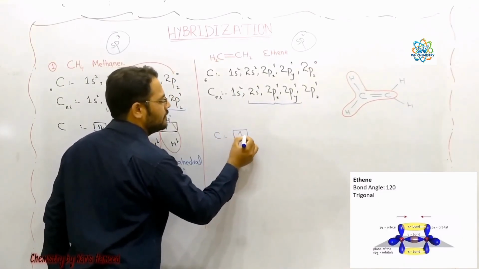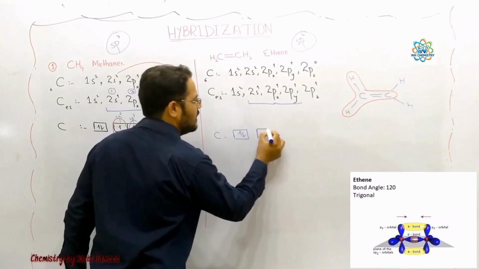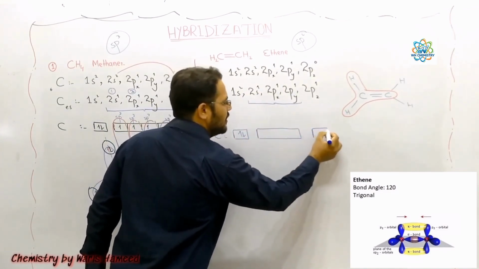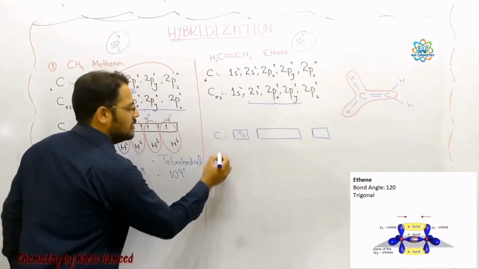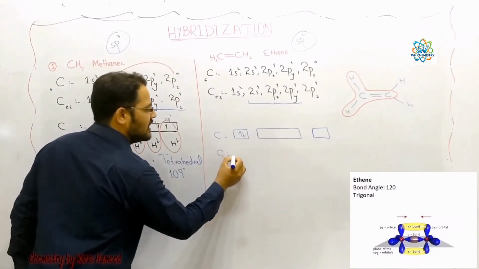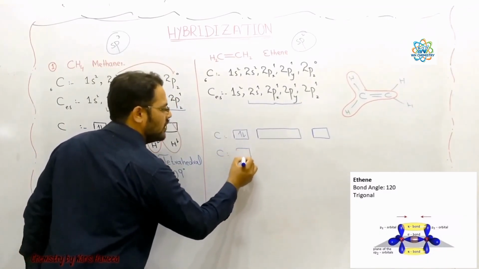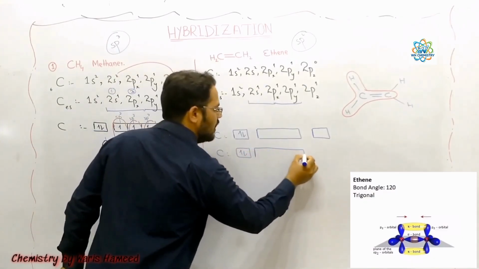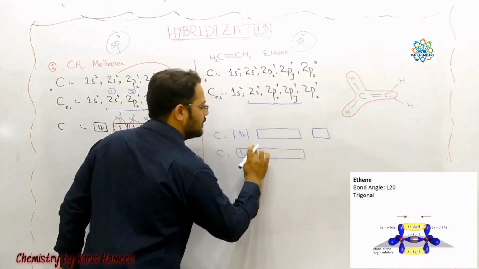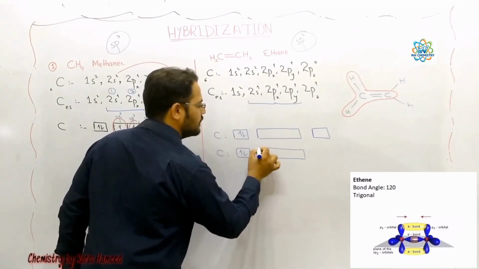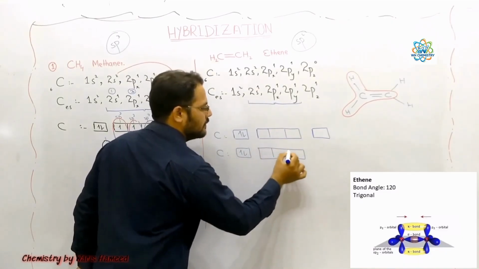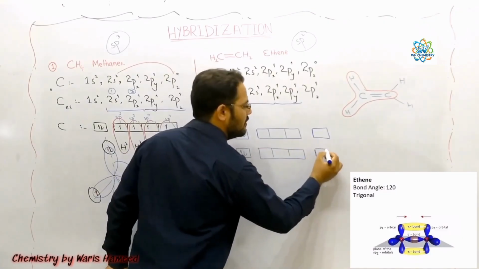Now block from 1s2, and here are hybrid orbitals and here is an unhybrid orbital. The second carbon will also have the same situation, 1s2, hybrid orbitals, and here is an unhybrid orbital.